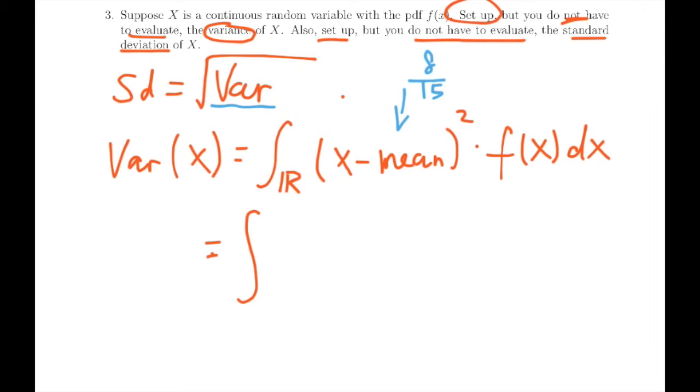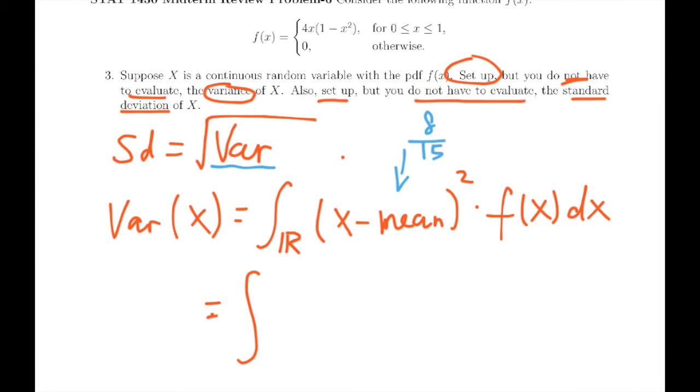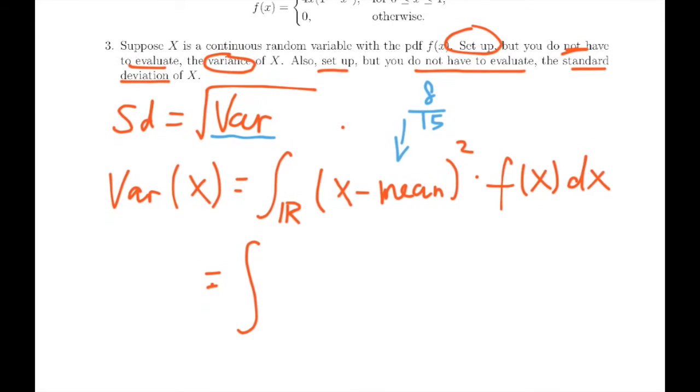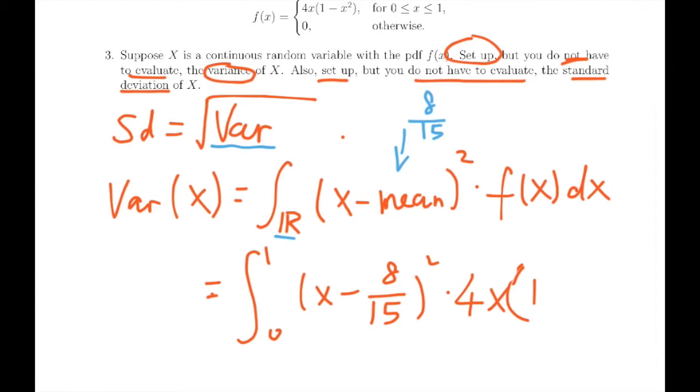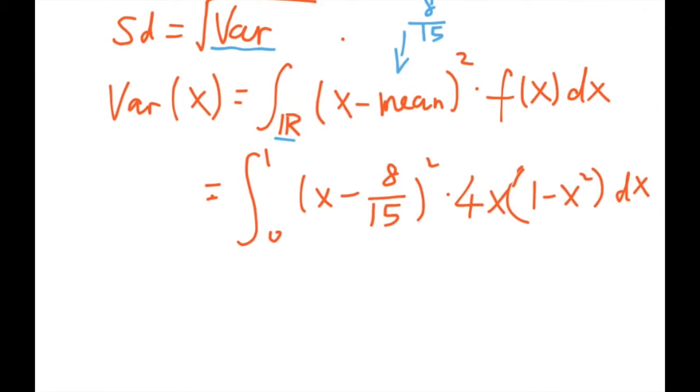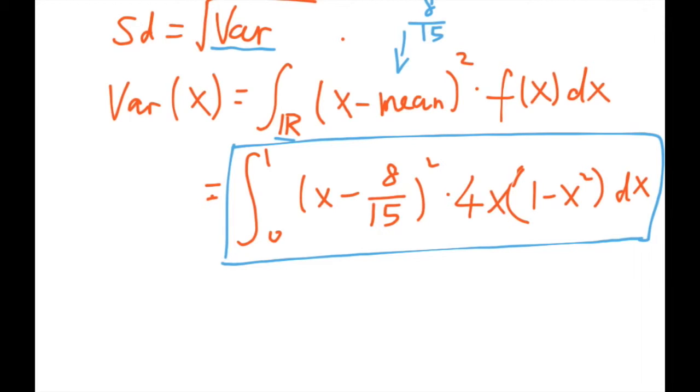Again, because we only have a non-trivial function f on the interval from 0 to 1, we can replace the whole real line R by just 0 and 1, then x minus 8 over 15 squared, times the function f, which is 4x times 1 minus x squared dx. Okay? And this will be the setup of the variance.